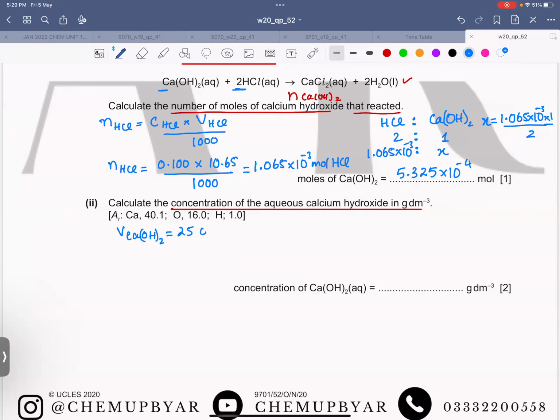So we can conclude that these 25 centimeter cube of calcium hydroxide actually contains 5.325 exponent minus 4 moles. Is this understandable to everyone?